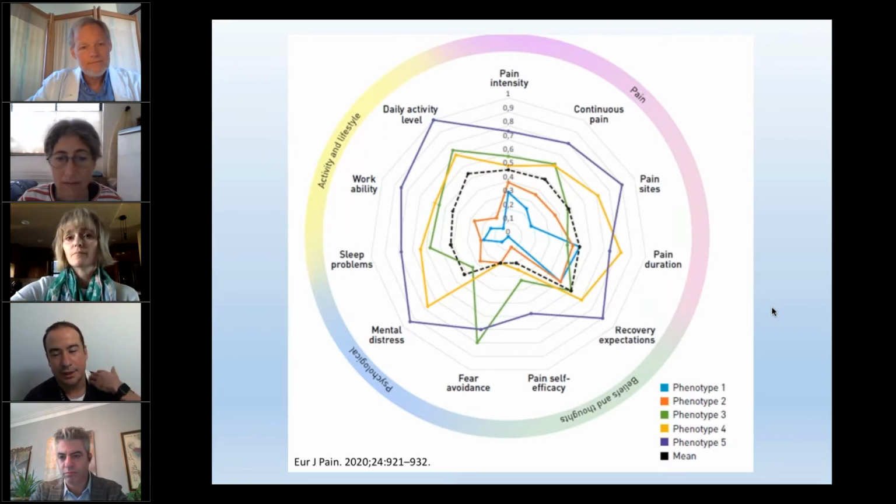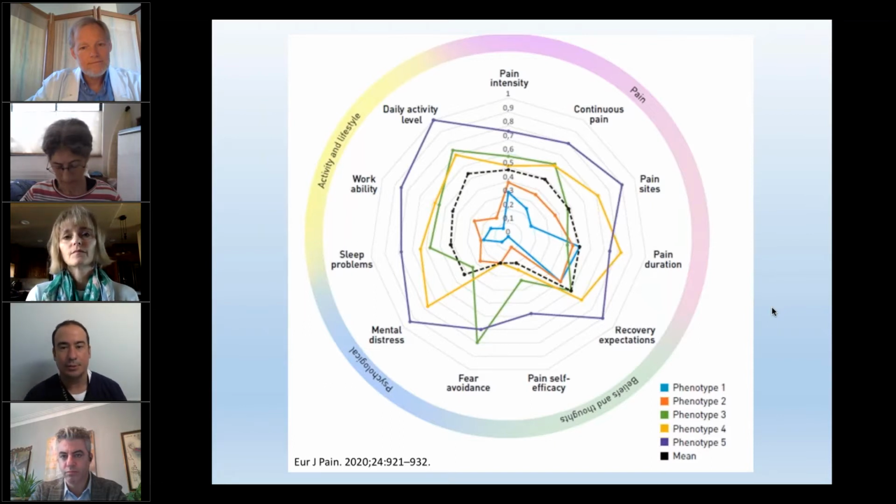What I put here is a recent figure from a publication in the European Journal of Pain. It's becoming more understood that pain complaints, and we could probably delete pain and put in another clinical feature, whether it's diabetes or what have you, are more driven by the phenotype of the patient and not necessarily individual biomedical constructs.